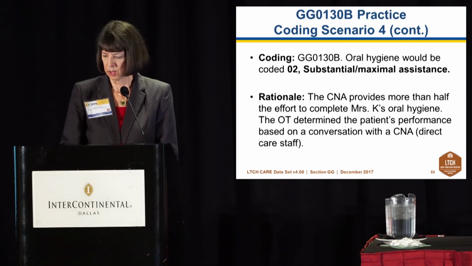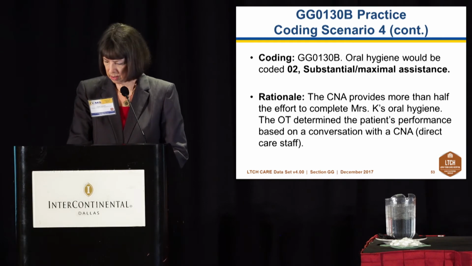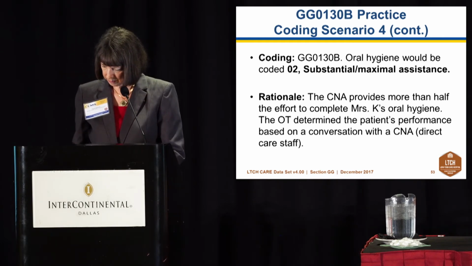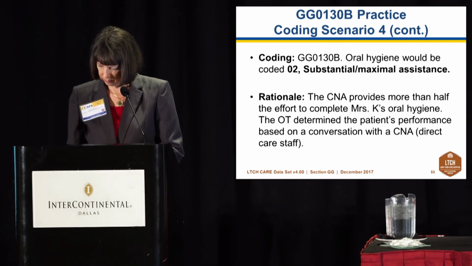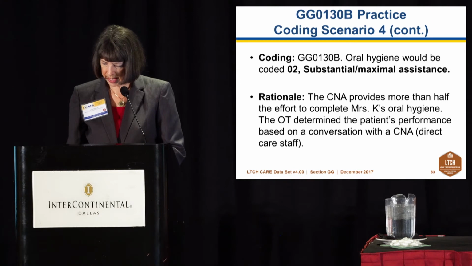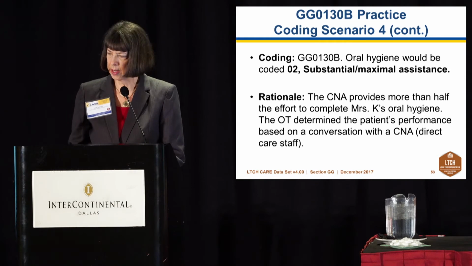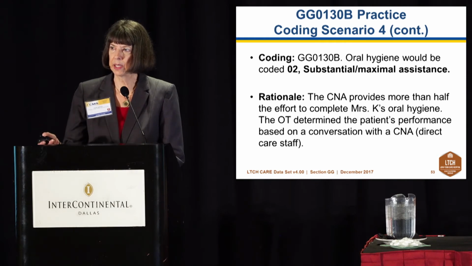So again, you can conduct those interviews. You can get more information from these key staff members. By asking those probing questions, you can use a 01 to 06 code rather than activity not attempted.